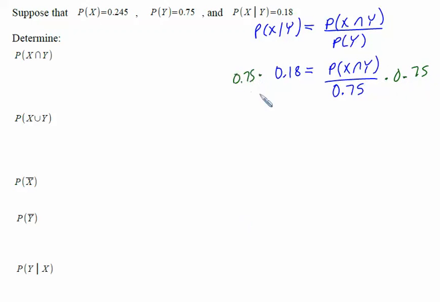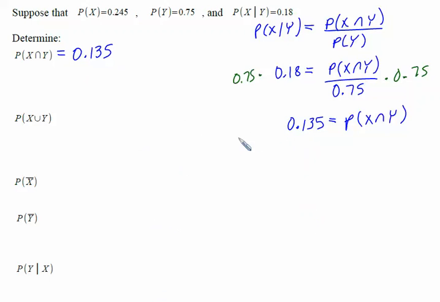When we type 0.75 times 0.18 in our calculator, we get 0.135. Remember, with probability, we ask to show at least 3 decimal places correctly rounded. In situations where the decimal just terminates, ideally we show all of those decimal places. So the probability of x and y is 0.135.